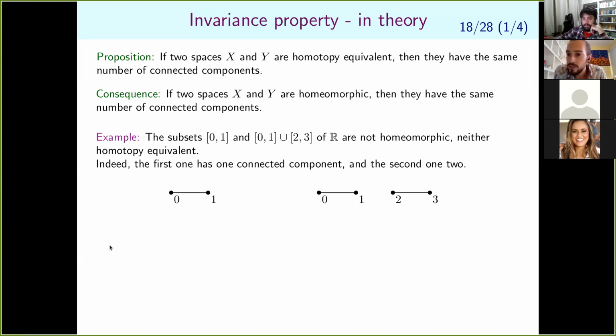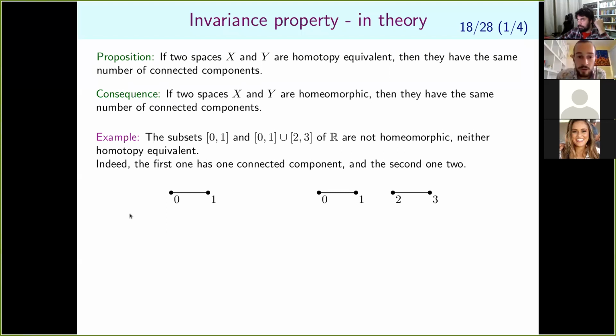So a very direct example. If I consider the interval [0, 1] as a first topological space, and the union of [0, 1] and [2, 3] as a second topological space, I can directly say that they are not homotopy equivalent. Because if they were, they would have the same number of connected components, which is not the case.